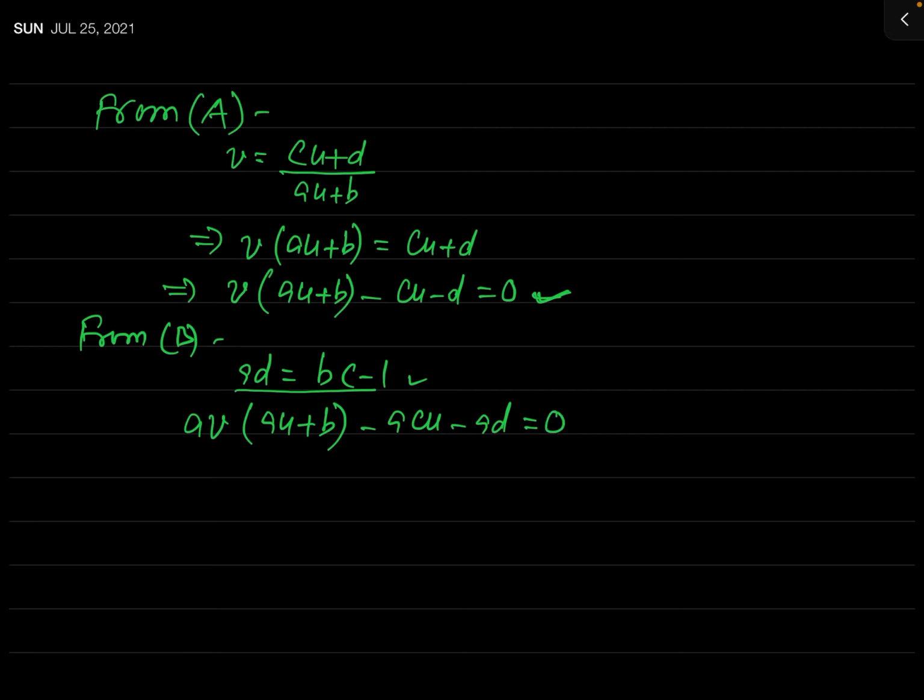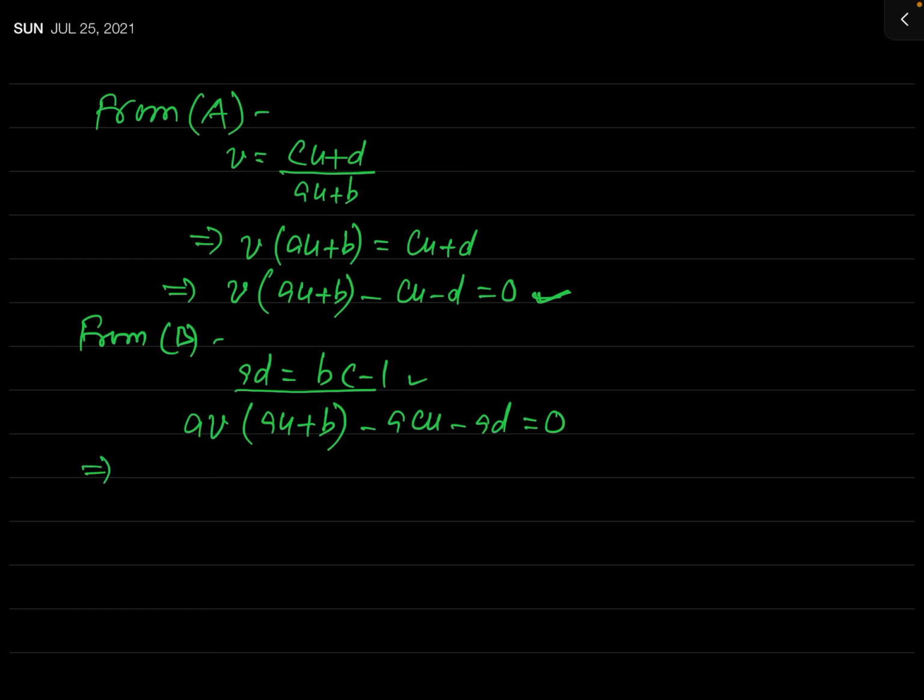In this step, I have actually multiplied this equation both sides by A. And now you can see this AD is equal to BC minus 1, so we will use this result here.